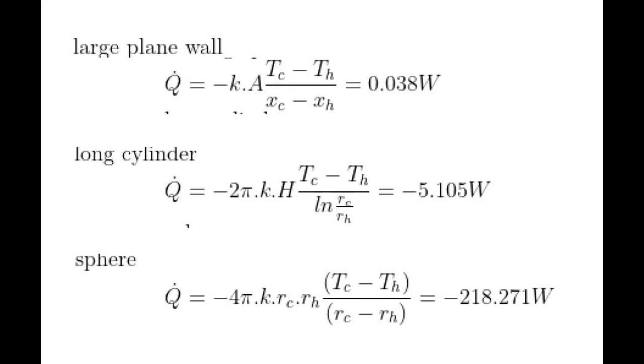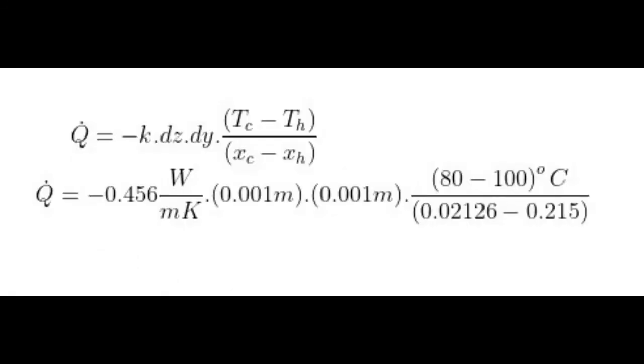At the beginning, we place the origin of the coordinate system for plane wall at x equals 0. Now we will change its location to 0.0215 meter from the hot surface. I rewrite the rate equation for the plane wall. This time I changed the xc and xh values to 0.02126 and 0.0215 meter respectively.